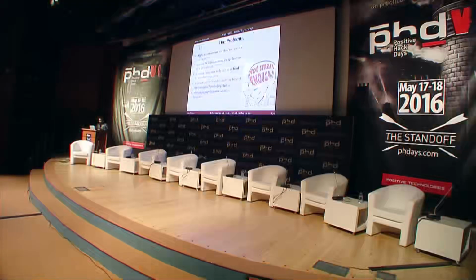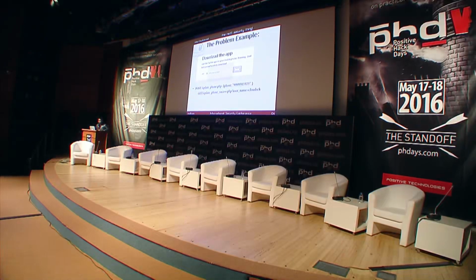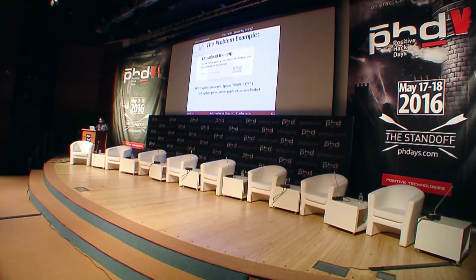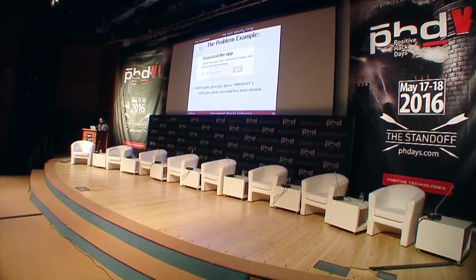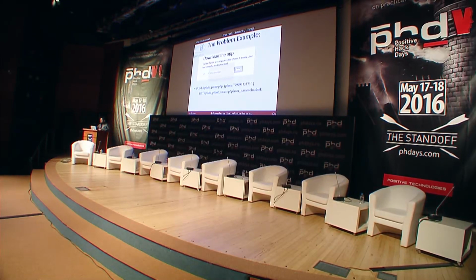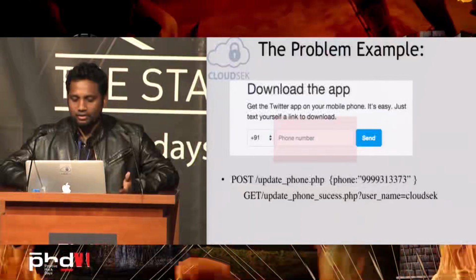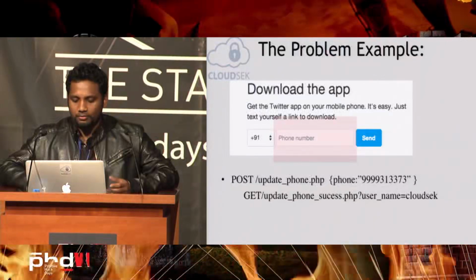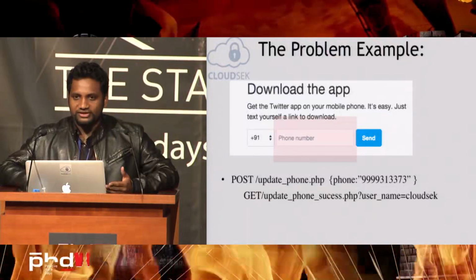For example, you can see this particular form. This form is asking the user to enter a phone number. If the user doesn't enter a phone number, it would not trigger the second request, that is, phone number update successful. If the scanner enters any other character or integer there, the validation would fail and you would not trigger the second request.